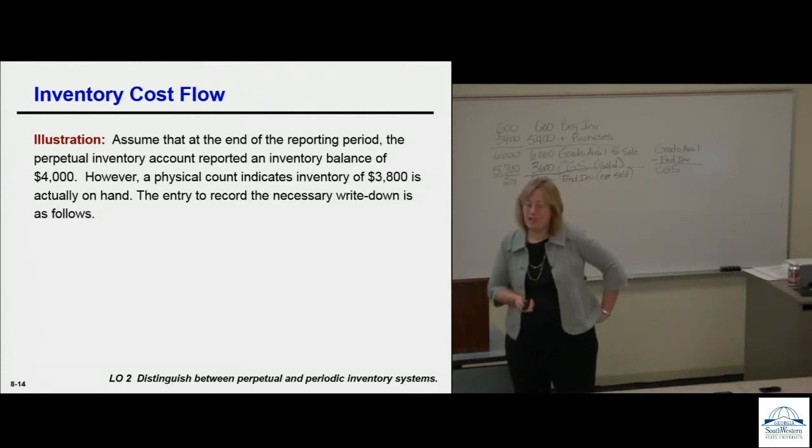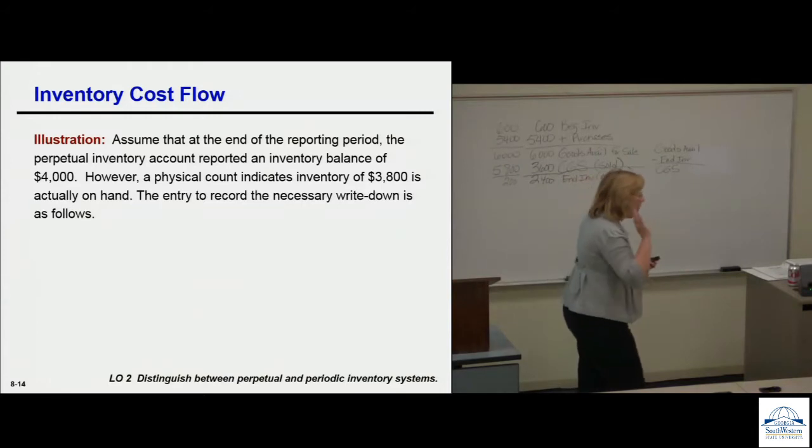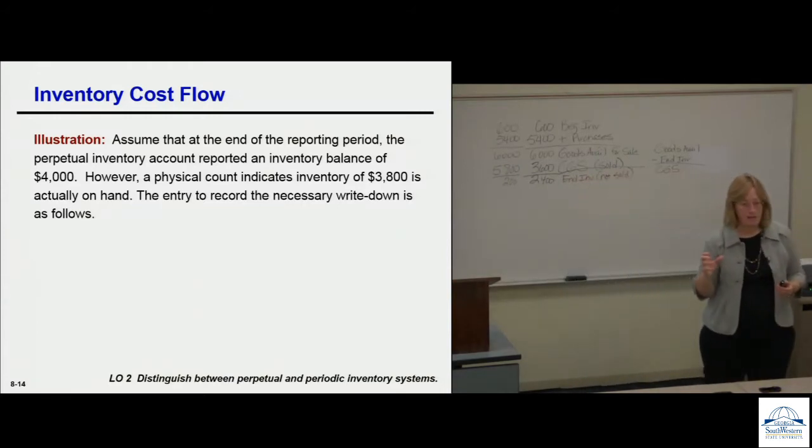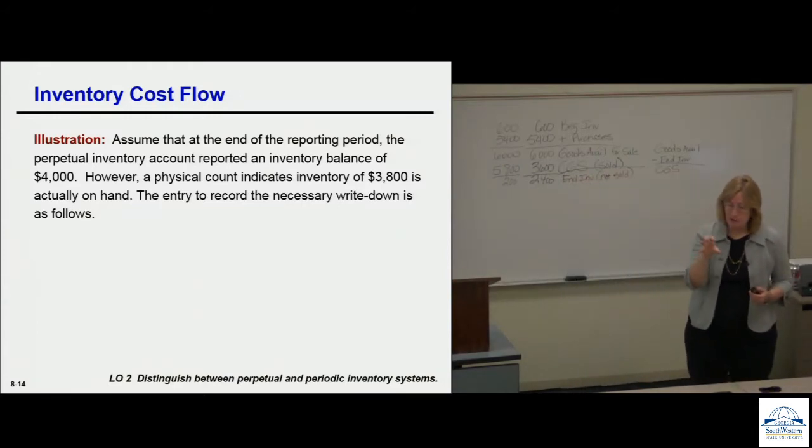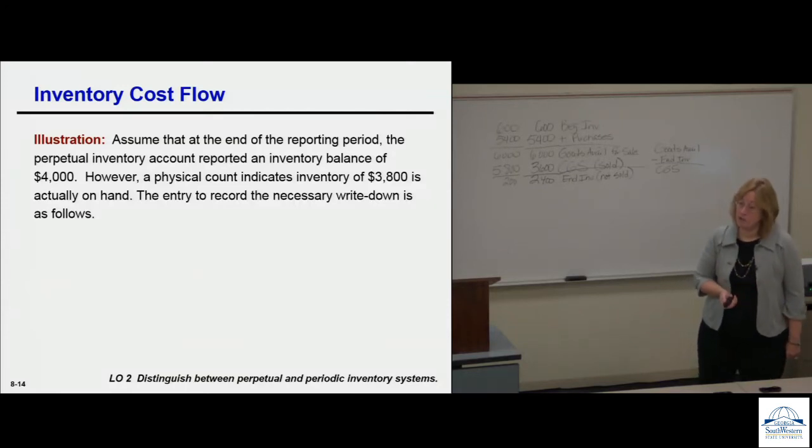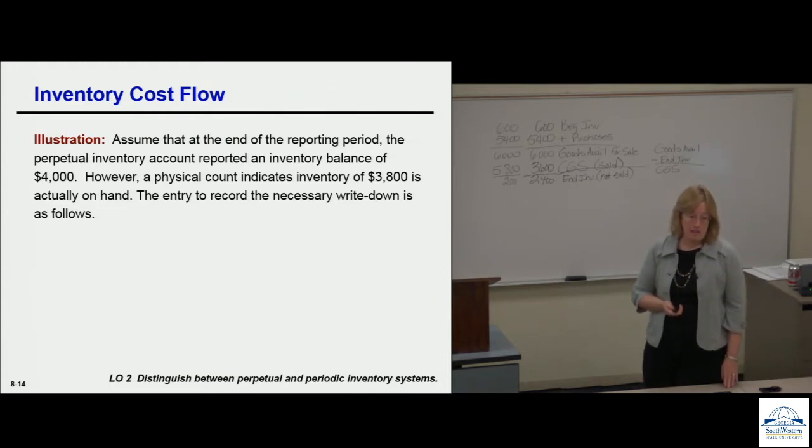In other words, our account in our books says $4,000. We want to adjust it to $3,800. What are we going to do? Debit or credit? Credit inventory and debit something. That's what you want to know, right?